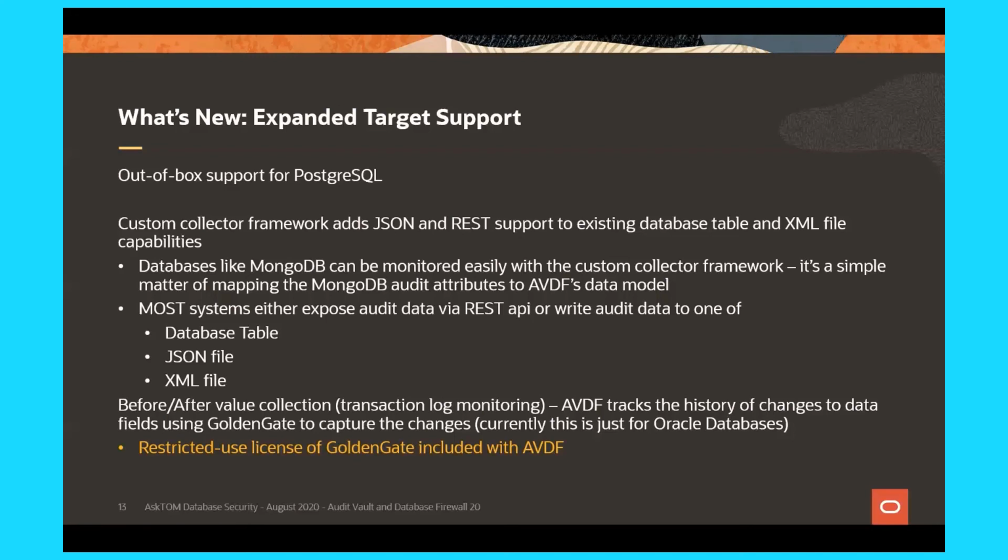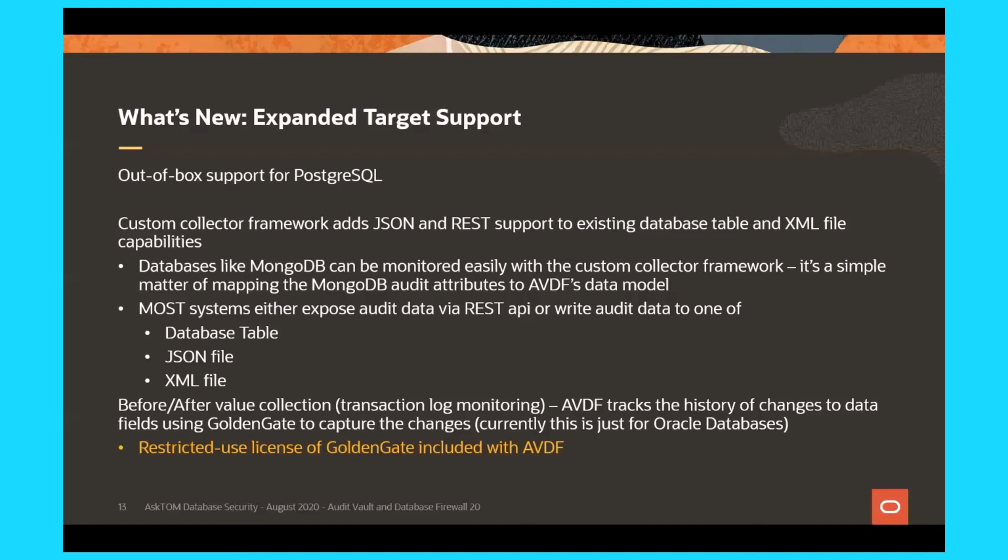Another change that we made in terms of target support is we redid how we were doing transaction log monitoring. A lot of us refer to this as before and after value collection. This was a capability, goes all the way back to Audit Vault 10, but it's the idea that there are certain columns in the database or certain tables in a database where you want to exercise data governance.